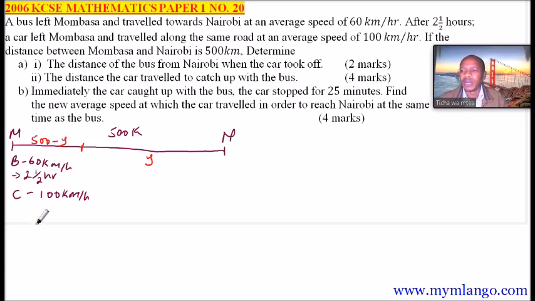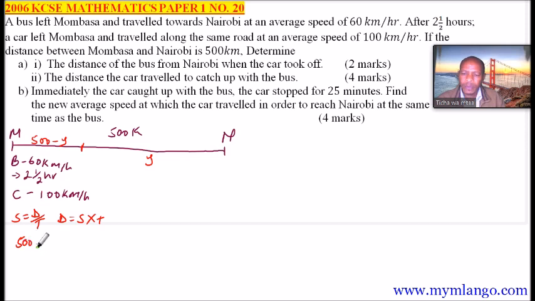We have speed is equal to distance over time. So to calculate the distance, distance is equal to speed multiplied by time.